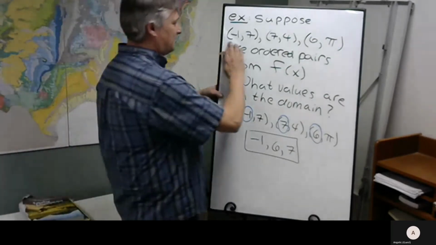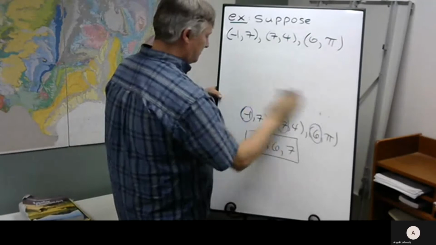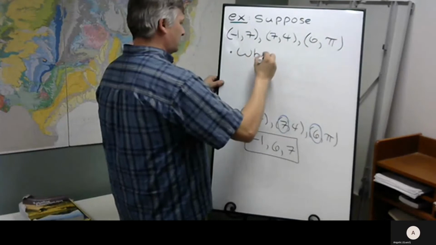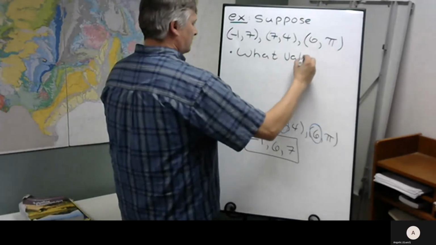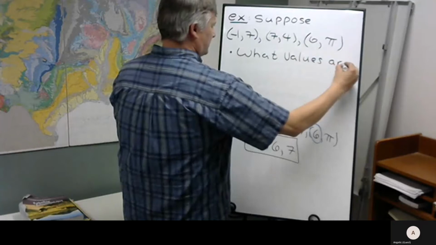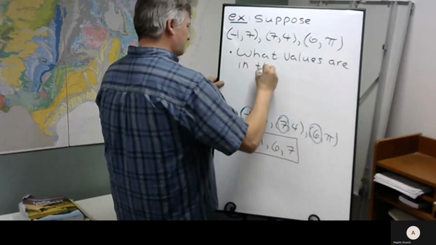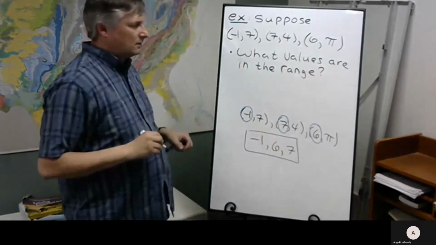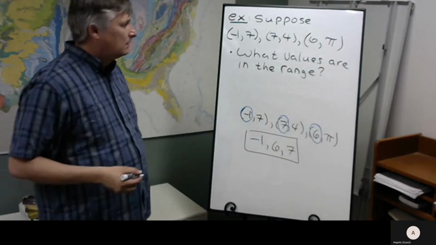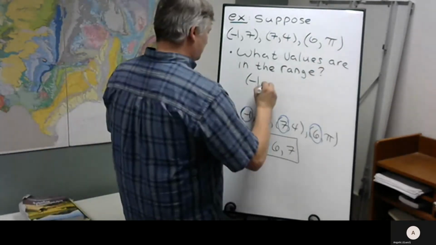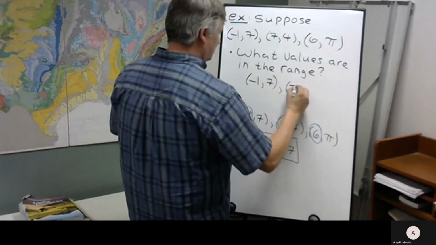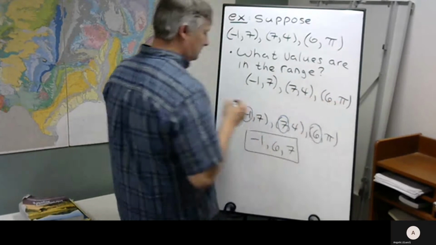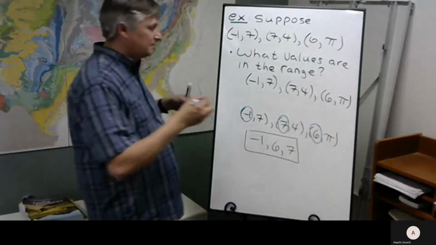Now let's consider this. What values are in the range? Well, in this case, we're looking at all the outputs.